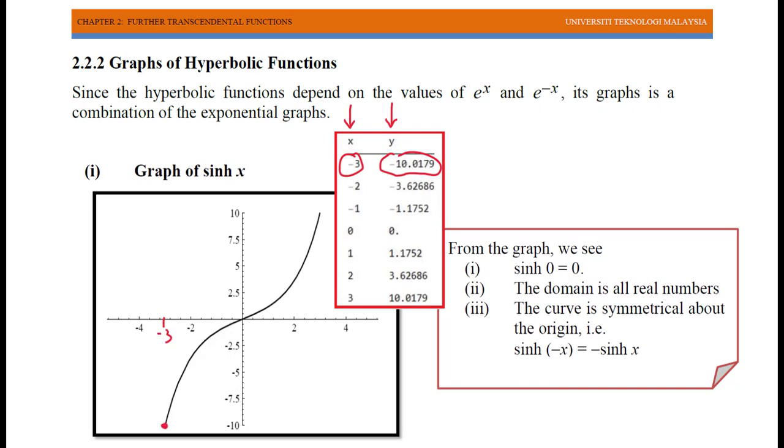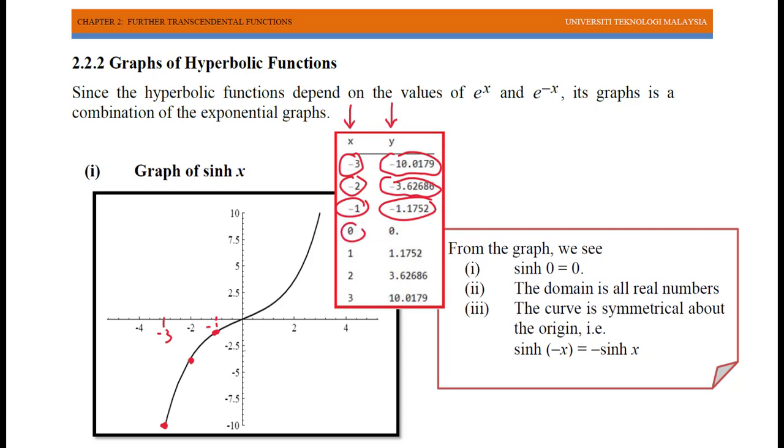Then negative 2, you get negative 3.6. Then negative 1, you get negative 1.